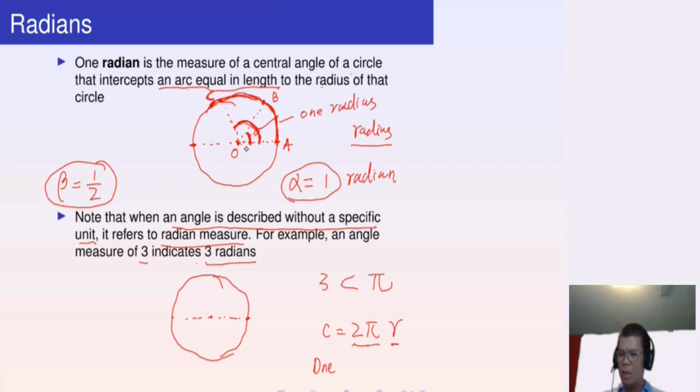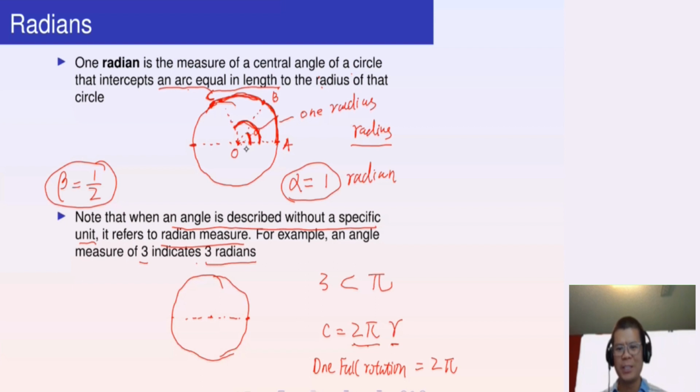So the full circumference corresponds to one full rotation, which equals 2 pi. If one full rotation is 2 pi, then what about half of a full rotation?